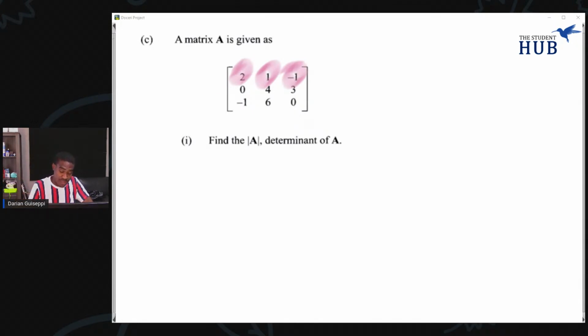Very simple, right? So what I am saying here is this. Let's get into it. So the determinant is given by that. Let's look at first things first, the first element, this 2 here. Let's look at finding the cofactor for it and taking the 2 and multiplying it by the cofactor.